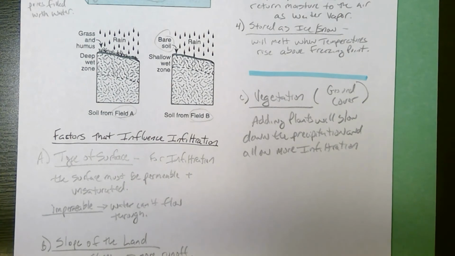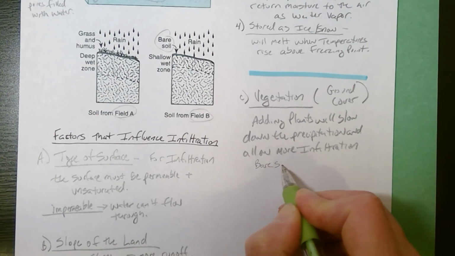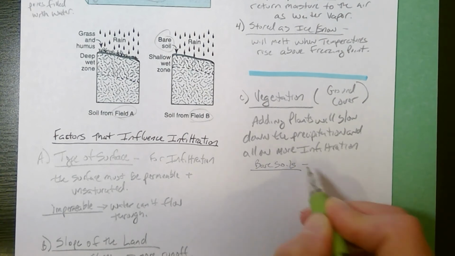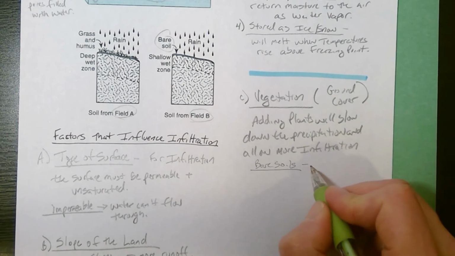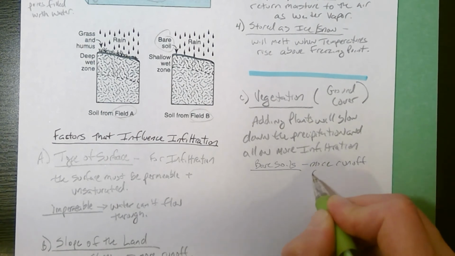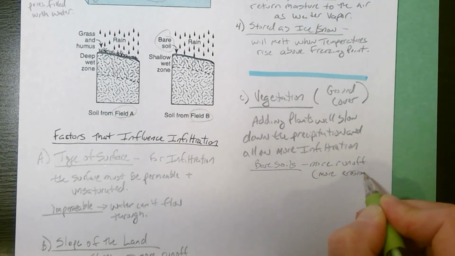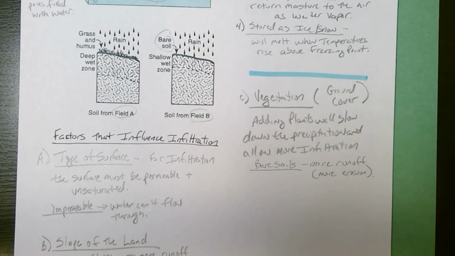So less moisture is going into the soil, which means you've got more runoff. So if you have bare soils without vegetation, you're going to get more runoff. Now, we'll see that's going to lead to more erosion. So frequently people will just plant something. They'll put some ground cover down to make sure that the soil isn't worn away.